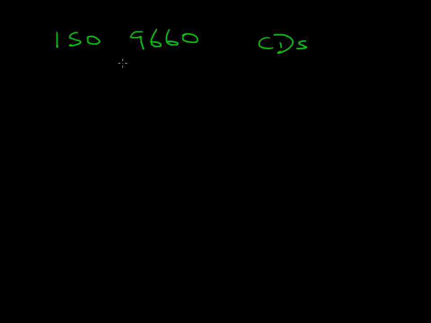The reason that you have a standard for it is you could have lots of different competing companies all producing their own music disc, and you wouldn't be able to use any of those in different hardware. So rather than having lots of different people competing with lots of different standards and no one really getting anywhere, ISO 9660 says exactly how this should work.